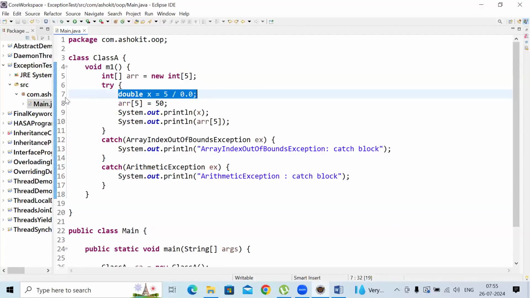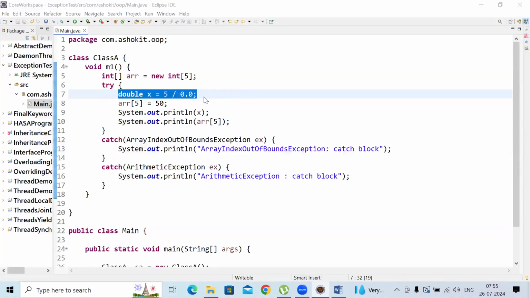What is the line number here? 7. Tell me, is there any exception at line number 7? Yes, sir. x equal to infinity.